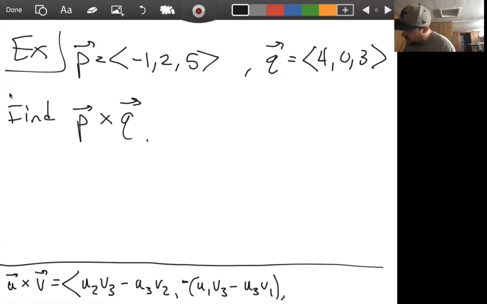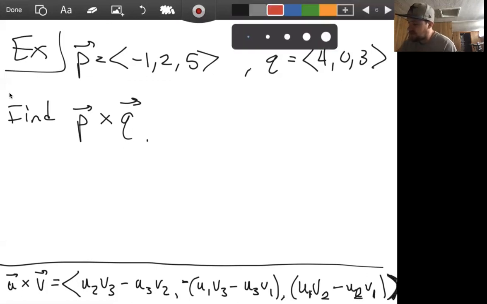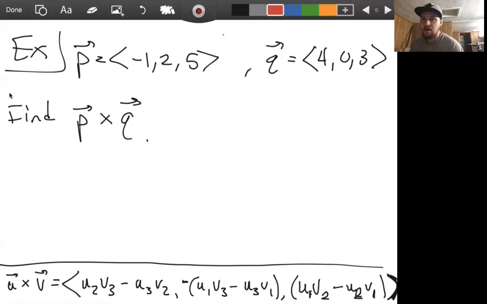And then in the last component, we have U1 V2 minus U2 V1, right? And so there's our formula for the cross product. And the reason why is because you'd like to just stare at this formula, have it juxtaposed to the problem you're solving. And you can just say, okay, this is U1, this is U2, this is U3, and then this is V1, this is V2, and this is V3. And then you can just plug in, right?